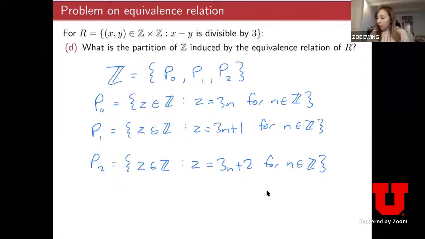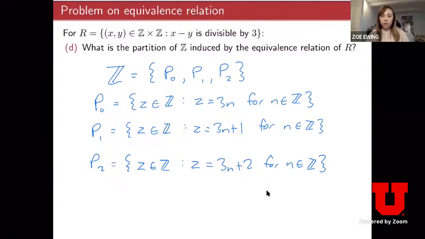So remember, we have x minus y is divisible by 3. So if you took everything that wasn't divisible by 3, then subtracting them wouldn't necessarily get you a result that's divisible by 3. Does that make sense? So that's really what these partitions are.